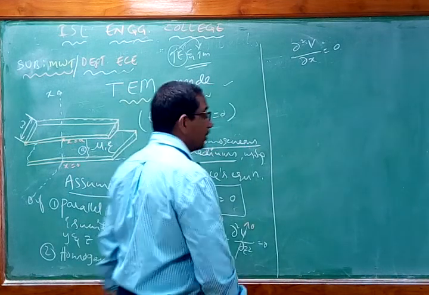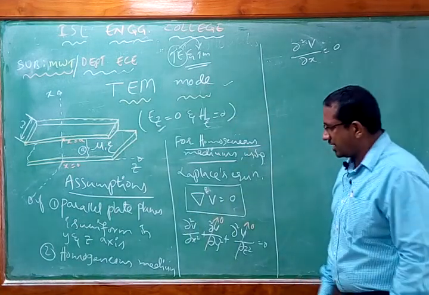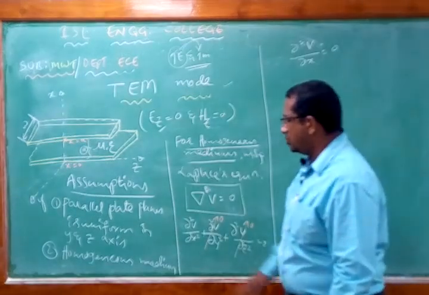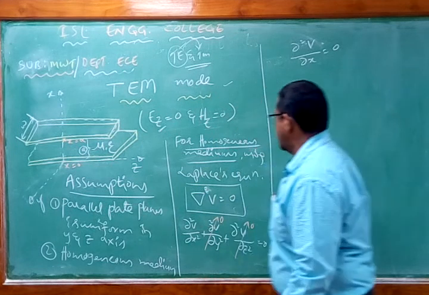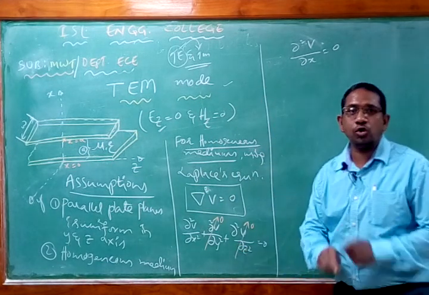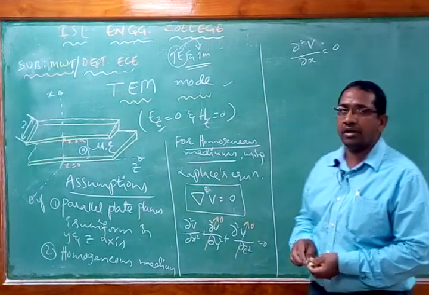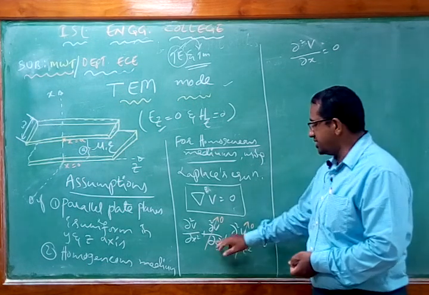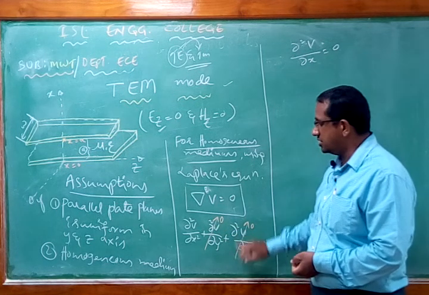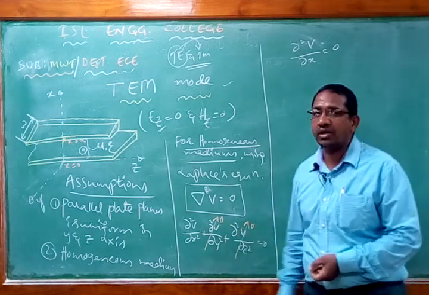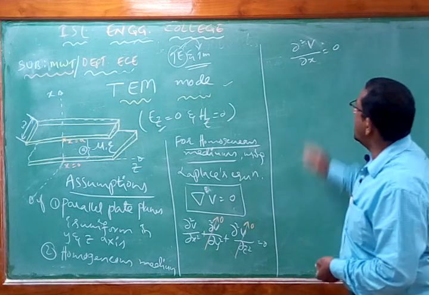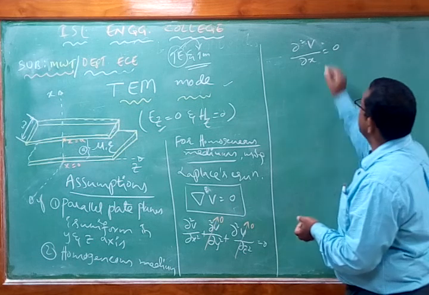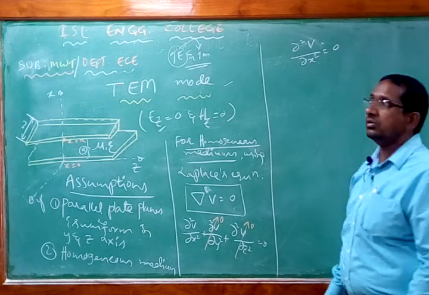Now let us look into the assumption. The assumption is that the parallel plate planes are uniform in the y and z axes. That means, as the y and z axes are uniform, the wave is going to be uniform over the y and z axes, the differentiation with respect to y and z becomes equal to 0, and hence these two terms vanish. Therefore finally I am left with dou square V by dou x square equal to 0.